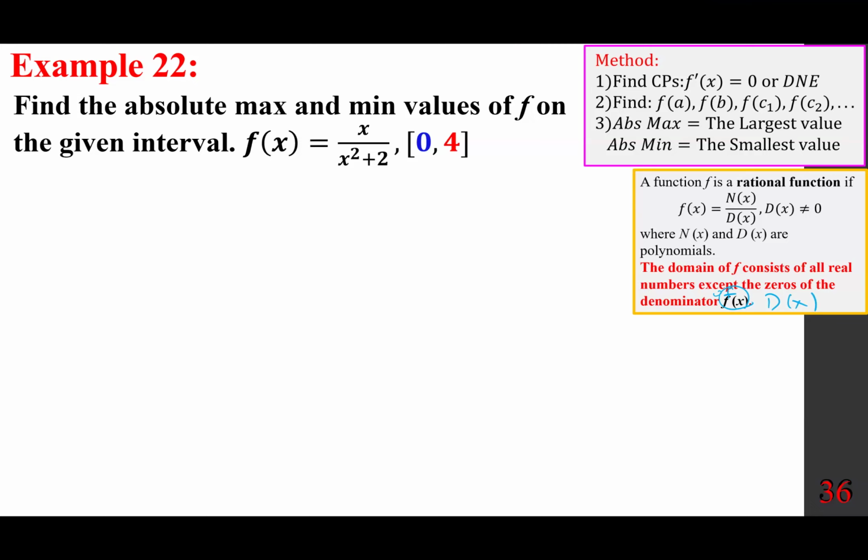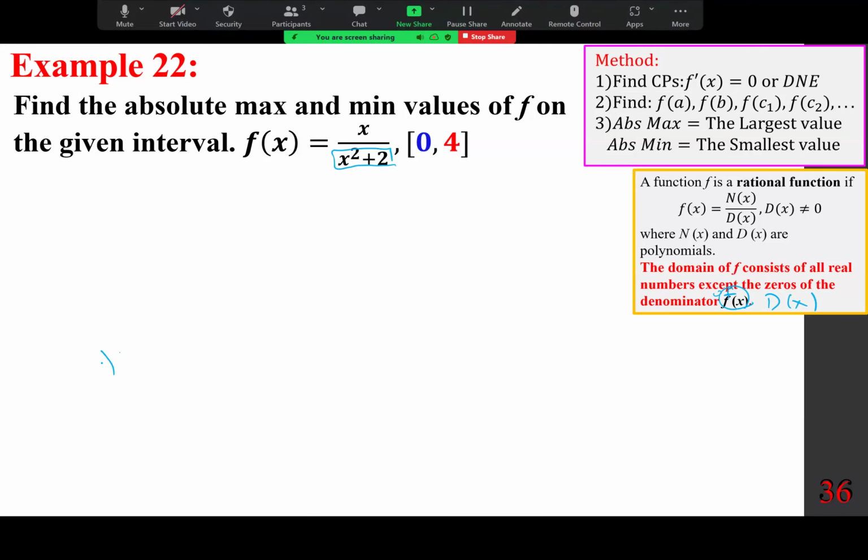So if that is the case, let's find out what the domain is here. We set this one equal to 0. And this gives us no solutions because x squared is always positive. Worst case scenario is 0. So x squared plus 2 is always greater than or equal to 2. Therefore, the domain is all real numbers.